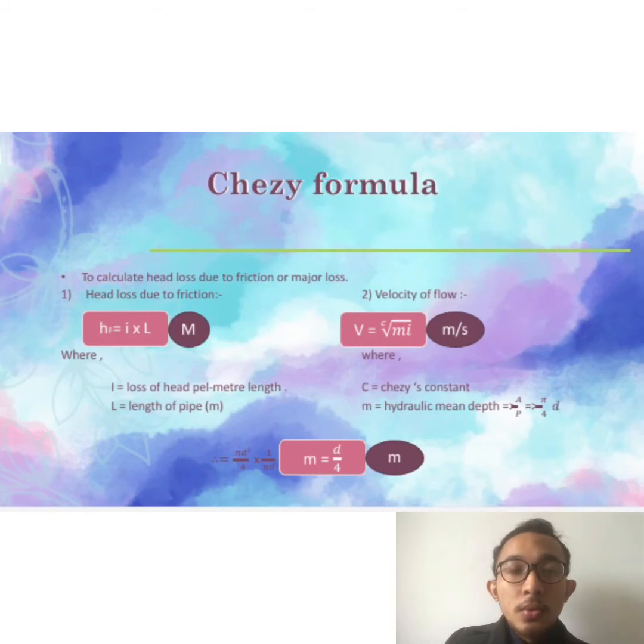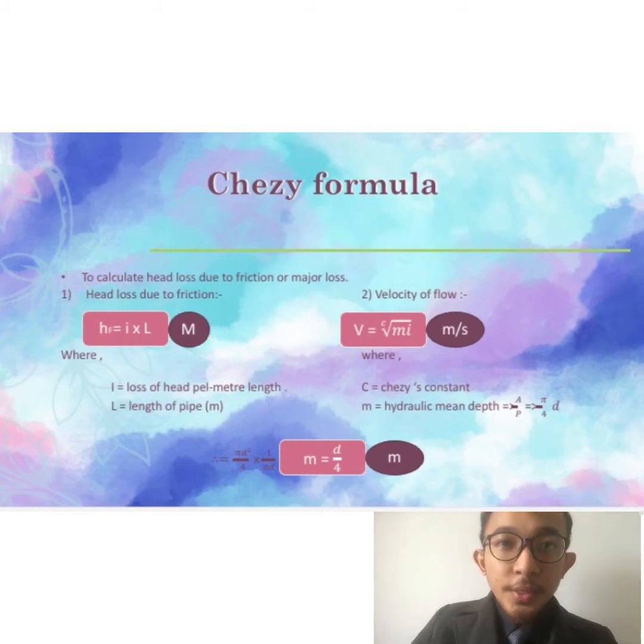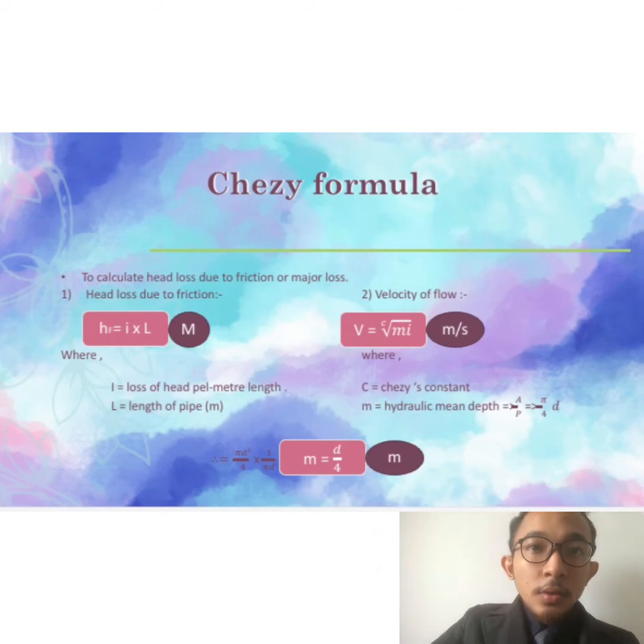Velocity of flow, V equals C radical m times i, where C is the Chezy constant, m is the hydraulic mean depth, A divided by P, and for a pipe it is D divided by 4.